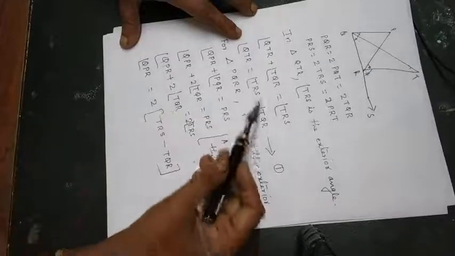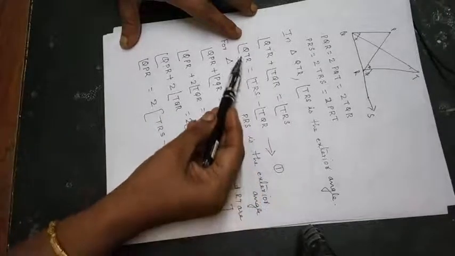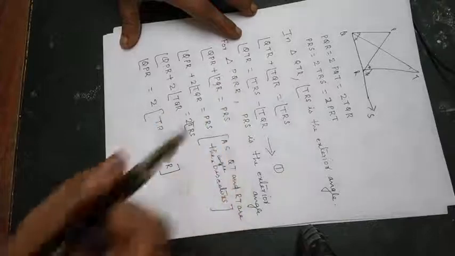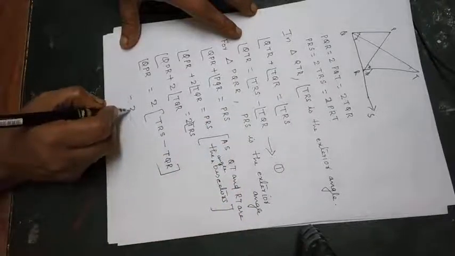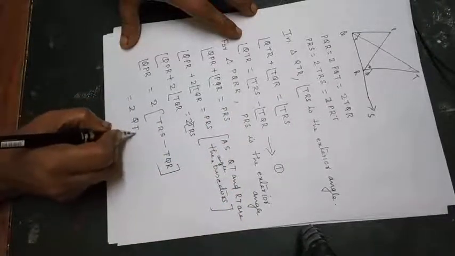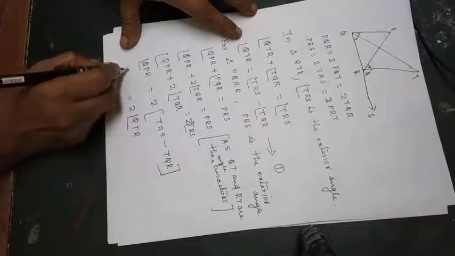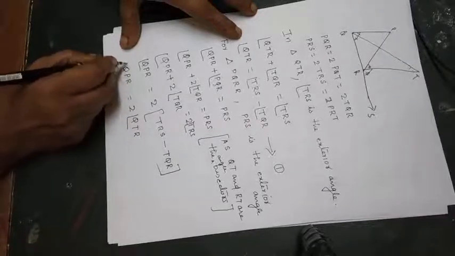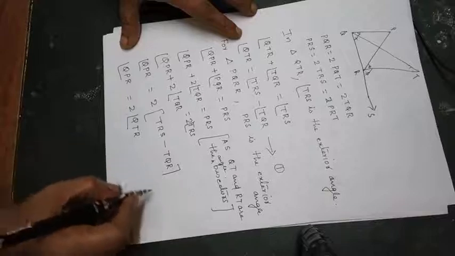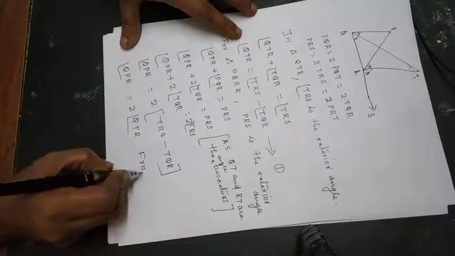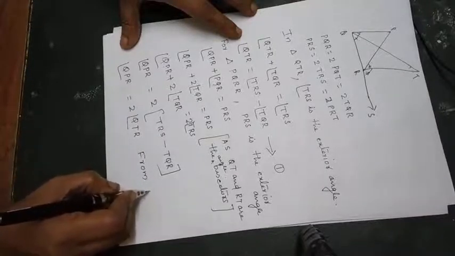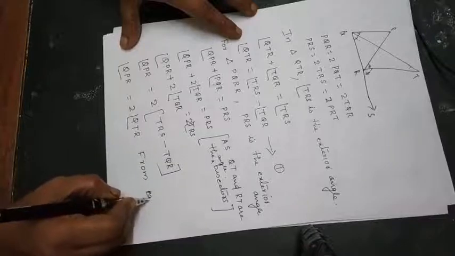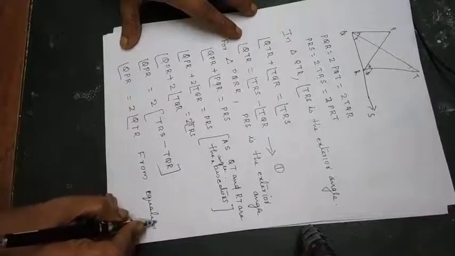And what is TRS minus TQR? From the first equation that is equal to QTR. So QPR is equal to 2 times QTR, from equation 1. Okay.